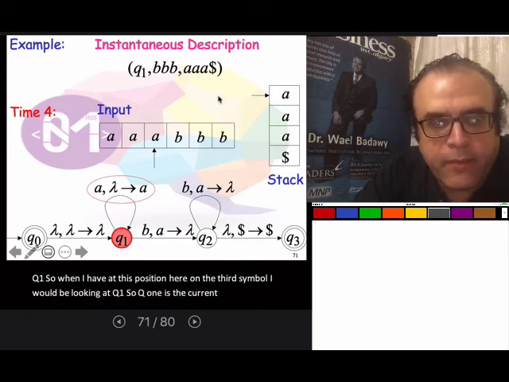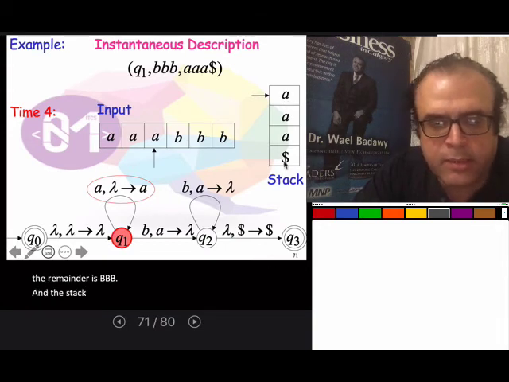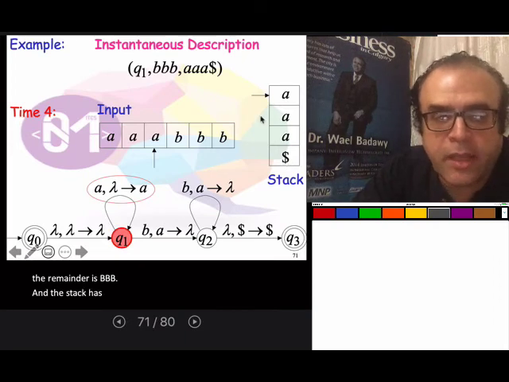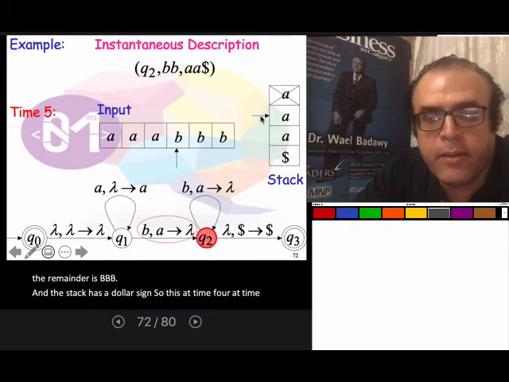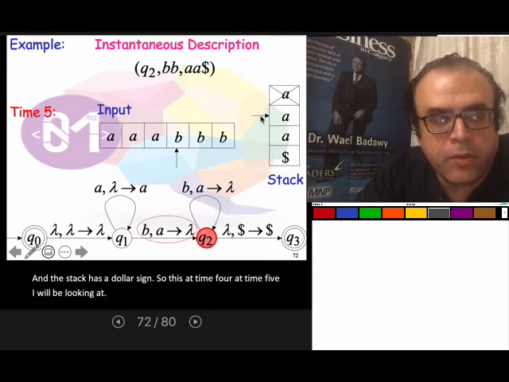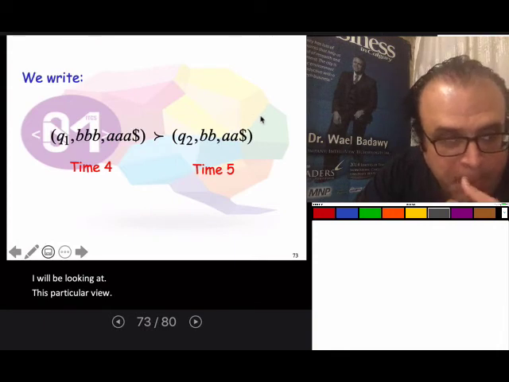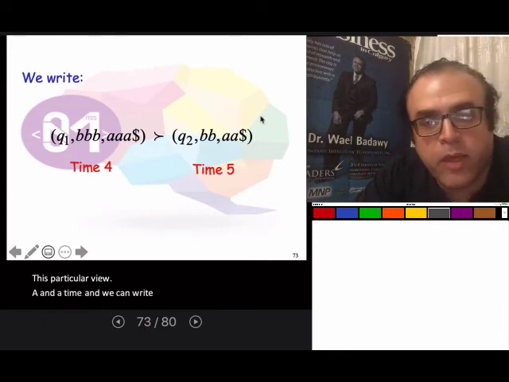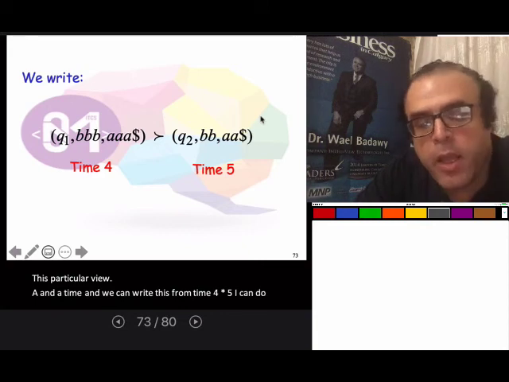The remainder of the input is BBB, and the stack has AAA dollar sign. This is at time 4. At time 5, I will be looking at this particular view, and we can write that from time 4 to time 5, I can do the transition from this state to these states.